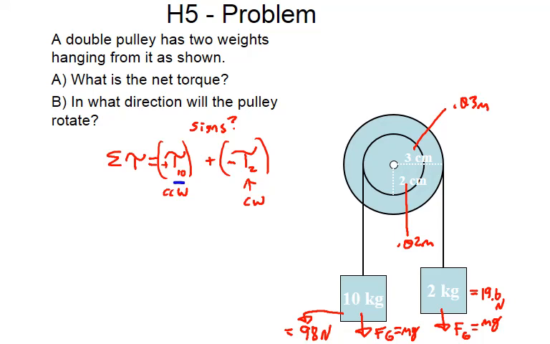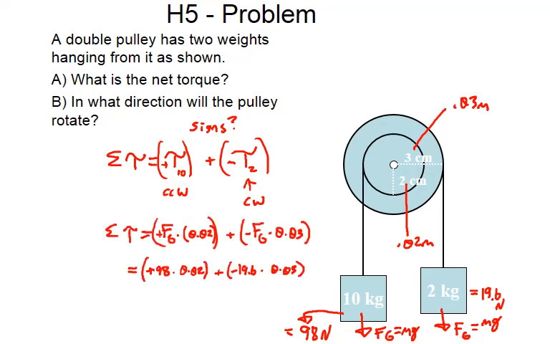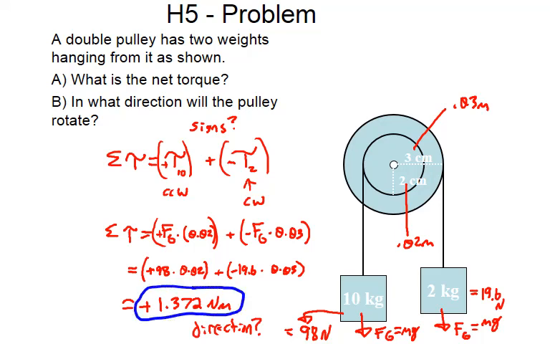The torque from the 2 kilogram mass is negative. And when we multiply those out times the forces, we would get positive 1.372 Newton meters. And positive means counterclockwise. So this mass is going to win, making it go counterclockwise as it goes.